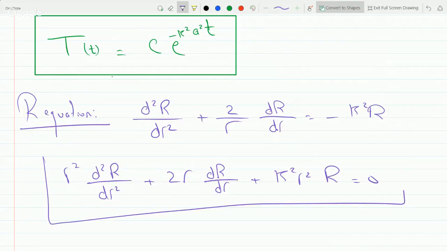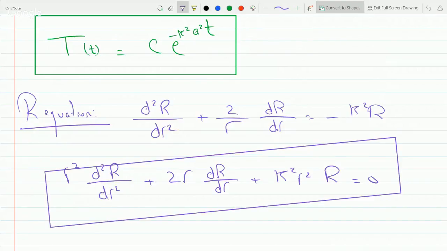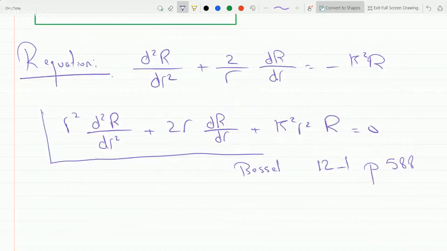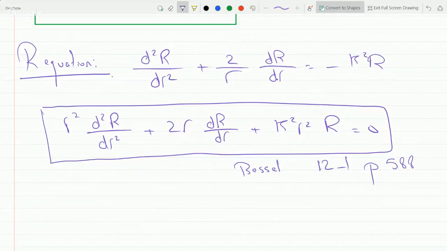This is the Bessel equation, and in the book, this is equation 12.1, page 588. Okay, and the solutions to this are the Bessel functions.